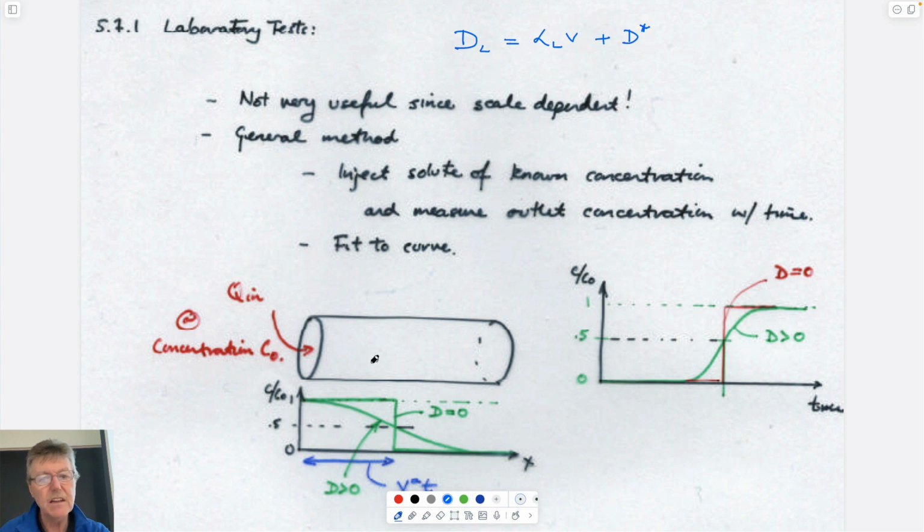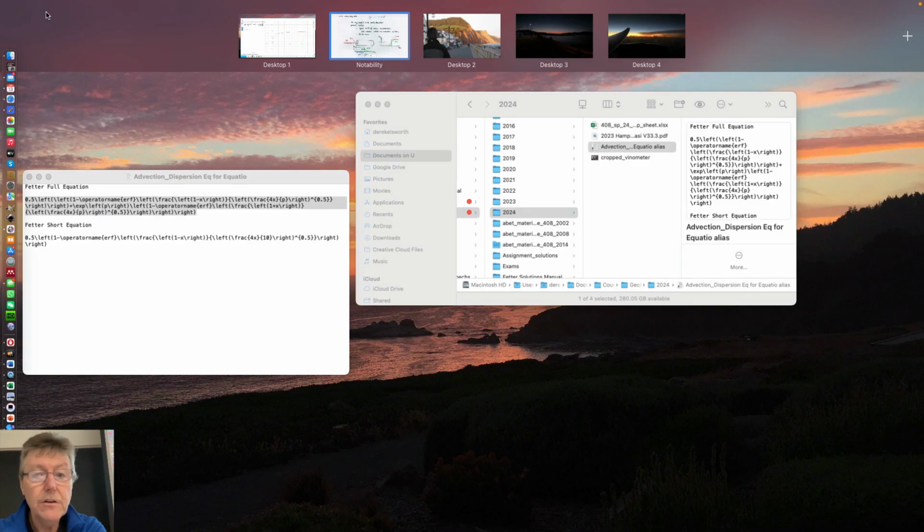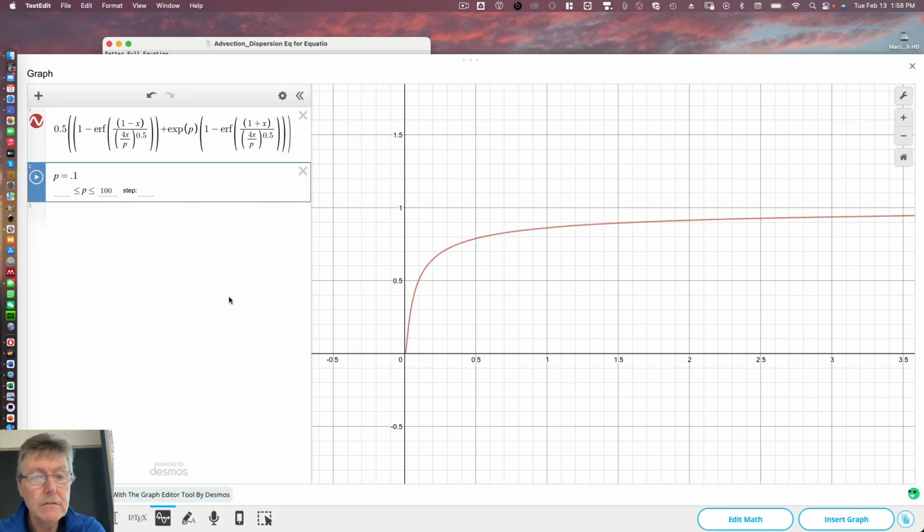So you take a sample back to the lab, you put an upstream concentration on it, you wait for that concentration to go downstream, either with or without a velocity, and you measure the arrivals at the downstream location. If you can measure this green curve, whether it looks like the red curve or the green curve, then you can merely fit it to this for a given Peclet number.